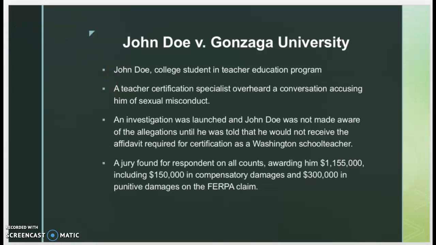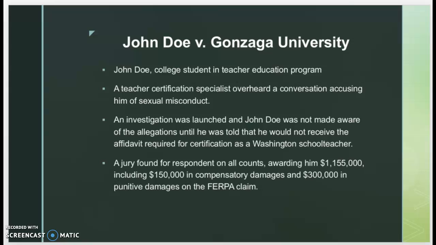There are several hallmark cases pertaining to protecting student rights and privacy. One of these that I'm going to discuss is John Doe versus Gonzaga University. He was a college student in a teacher education program, in the final stages of his program. One of the teacher certification specialists overheard a conversation amongst other students accusing this student of sexual misconduct.